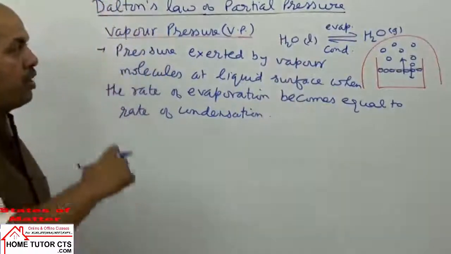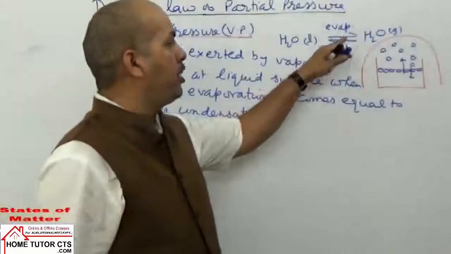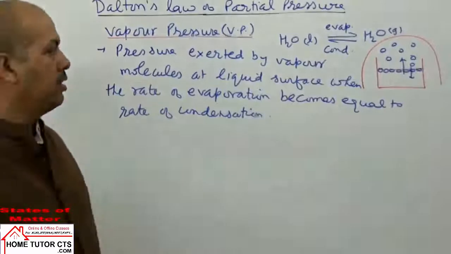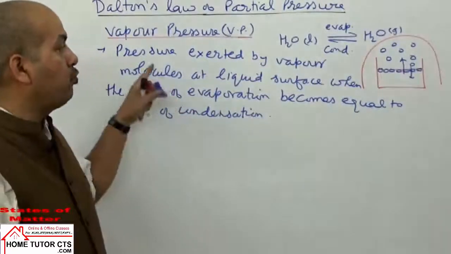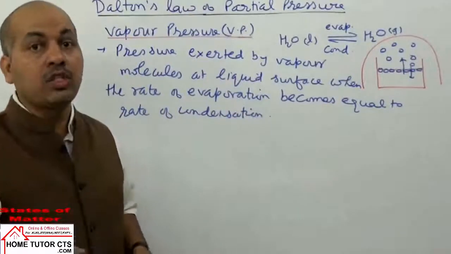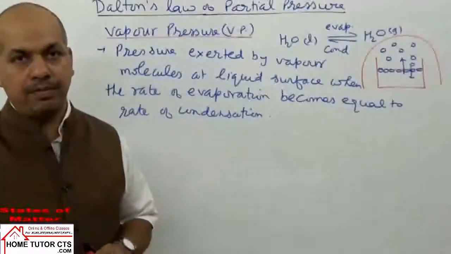We have two processes, one is evaporation, one is condensation. When these two are having equal rate, means at equilibrium point, in that condition the pressure of vapor molecules at liquid surface is called as vapor pressure.